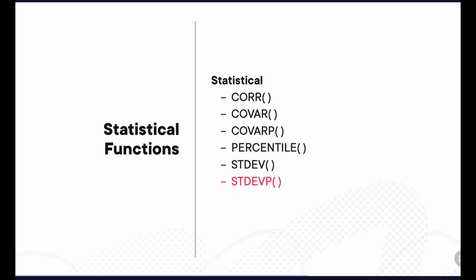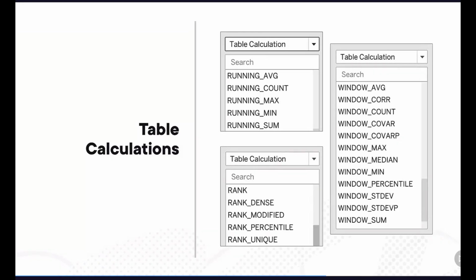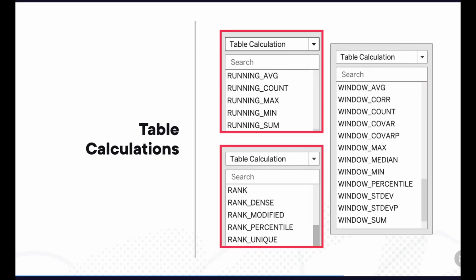You may check Tableau's knowledge base to learn which data sources are supported when working with statistical functions. It is also important to note that you can aggregate fields in Tableau using table calculations like running calculations, ranks, and window calculations. So these are a few different types of aggregations that you can use in Tableau. We will take a look at a few examples in a future demo.